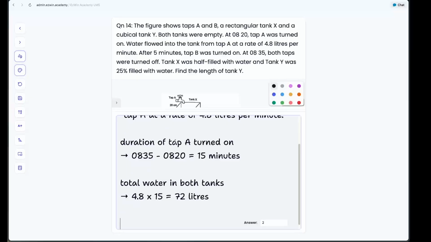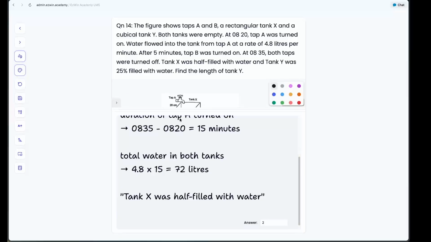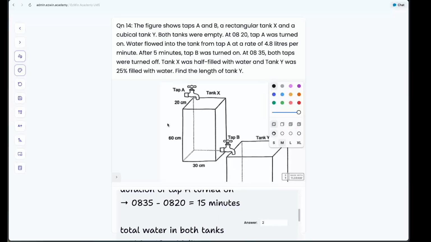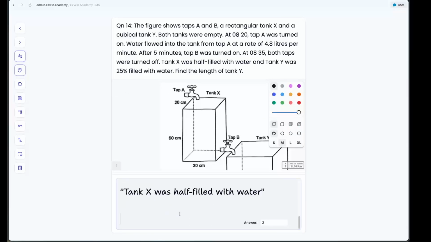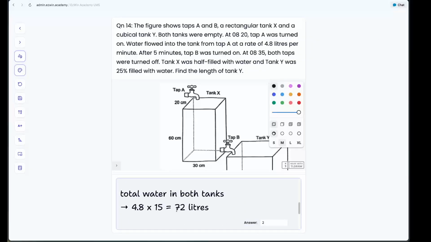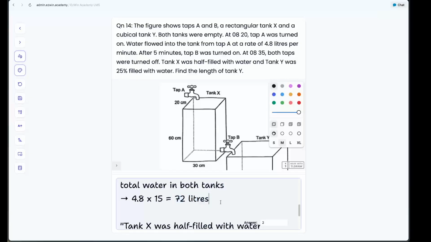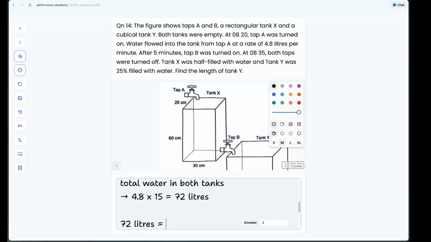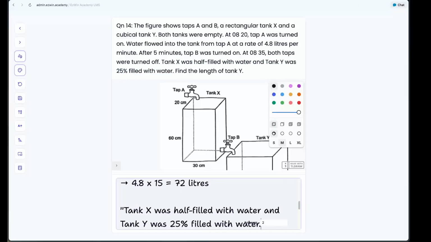So we know that tank X was filled with water. From the diagram, we can see the dimensions of tank X. So this 72 liters over here is equal to this part. I'm just going to put this statement over here.